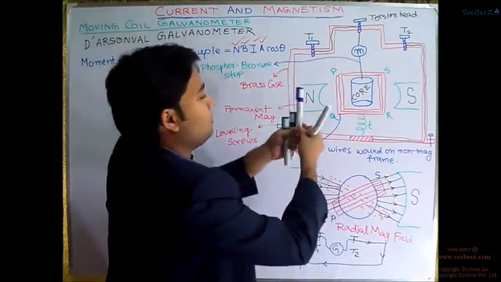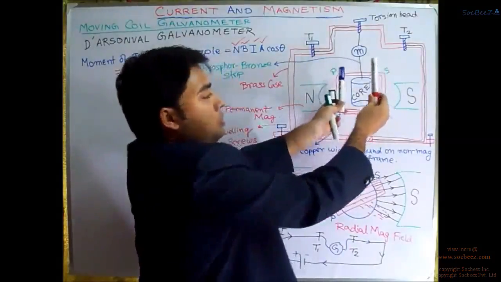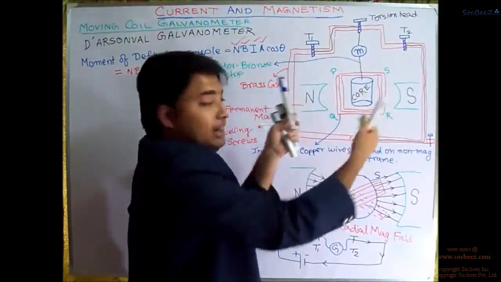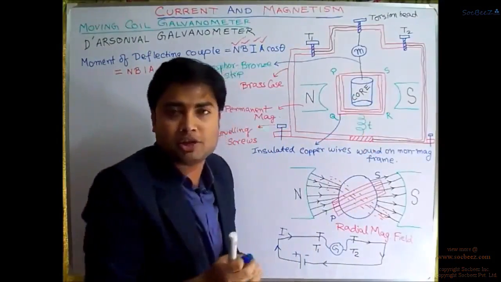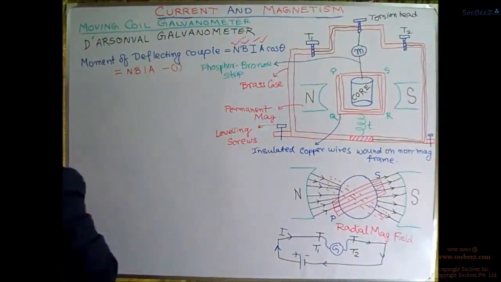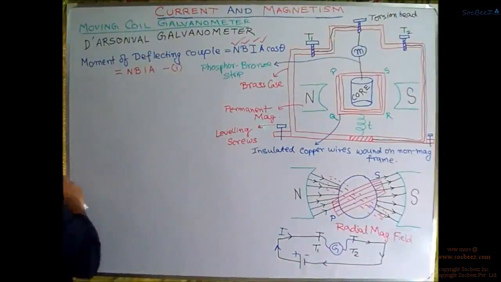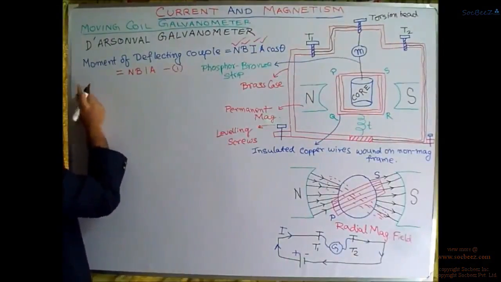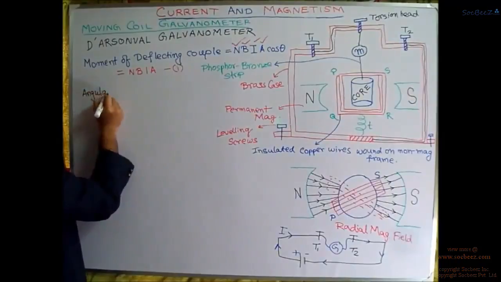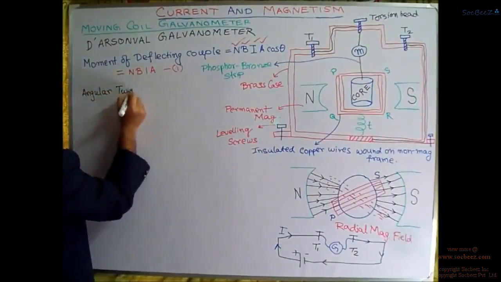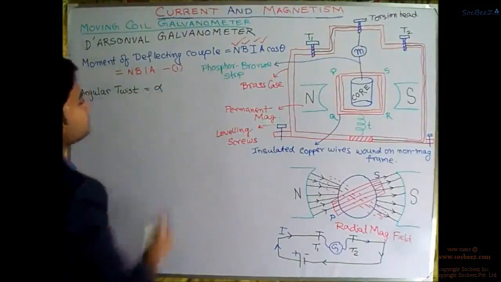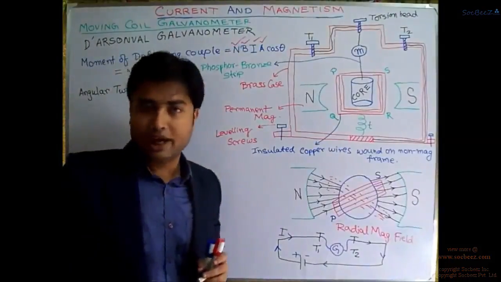If, say for example, this is like this and now it rotates like this, the spring which is connected beneath will experience an angular twist, right? So we can say, let us say that the angular twist is, for the time being, alpha, right?